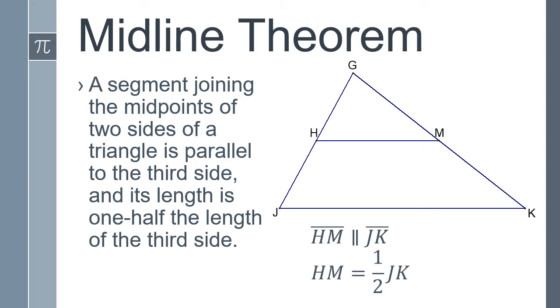So in this case, if I tell you that H is a midpoint, so GH is congruent to JH, or if we see something like this in a diagram with these congruent marks, and GM is congruent to KM, or M is the midpoint, we would be able to ascertain that HM is parallel to JK and HM is 1/2 of JK.